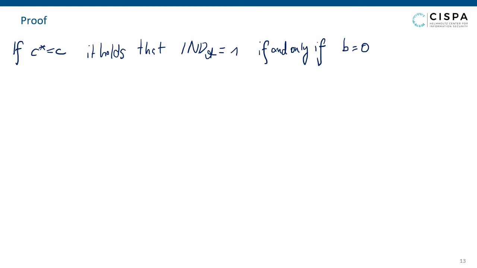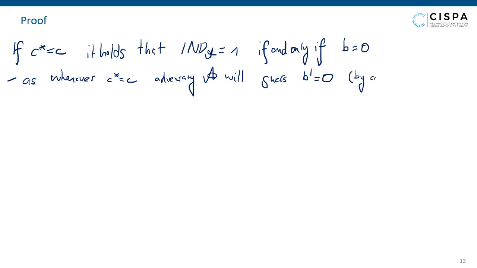Let's annotate that here: whenever C star equals C, adversary A will guess B prime equals 0 by construction. It's just by the way I constructed this adversary.